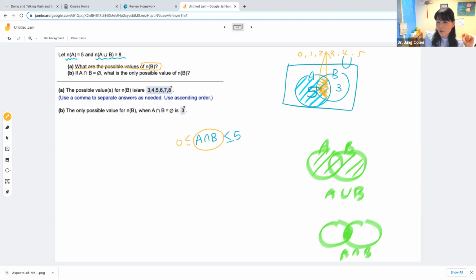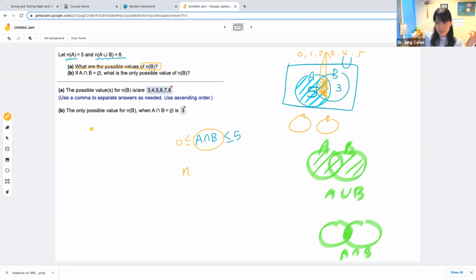If this is 0, there's no element in the intersection part. That means they are disjoint. So it's like this, A and B, right? Then how many elements are in B? There are still 3 because this part has a 0 in it. 0 and 3 together, that's 3, right?